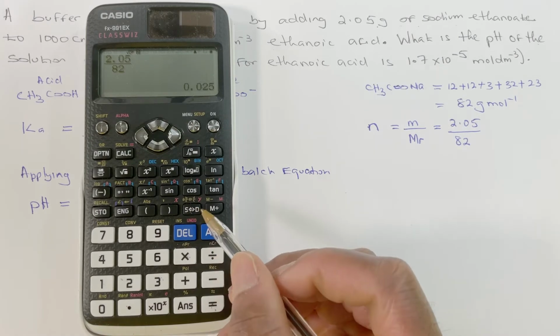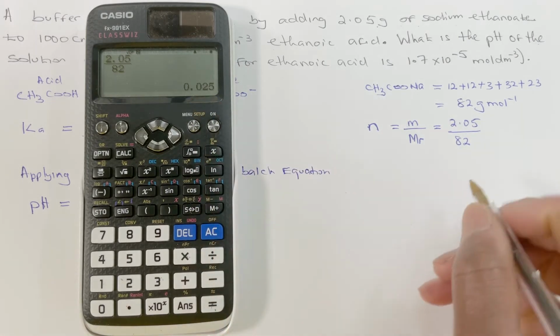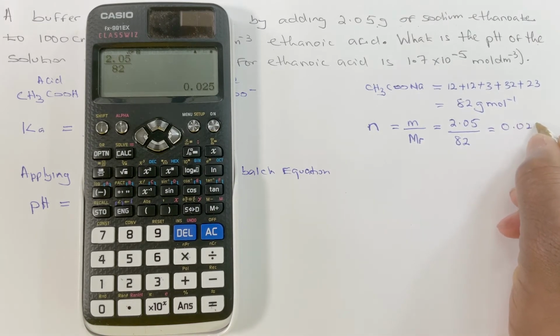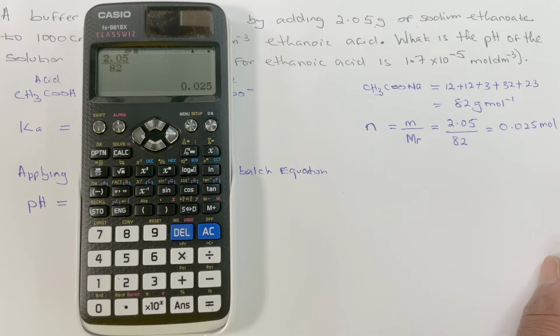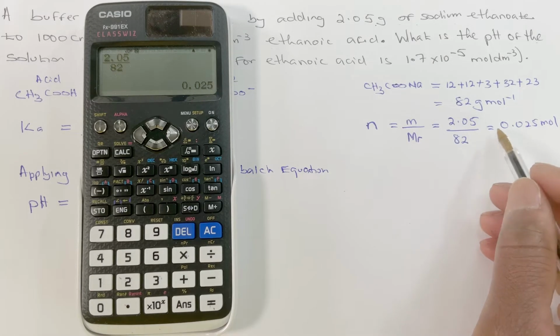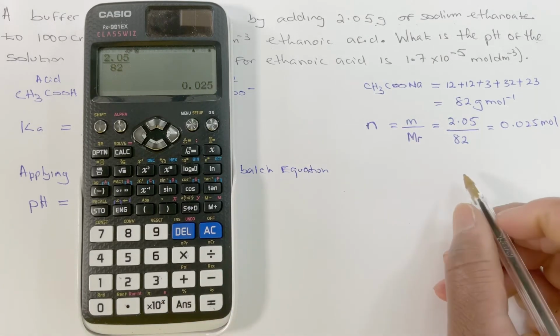So press that, 0.025. So that would give 0.025 mole of the base.